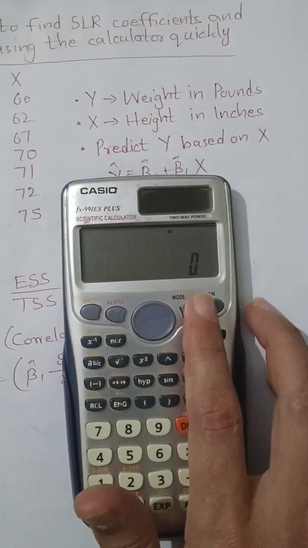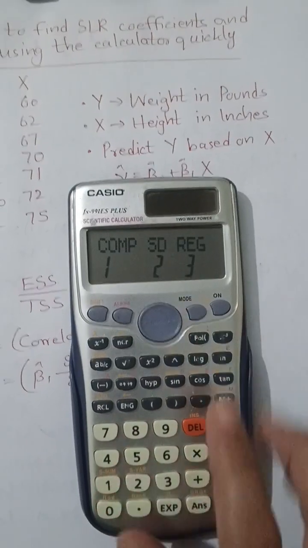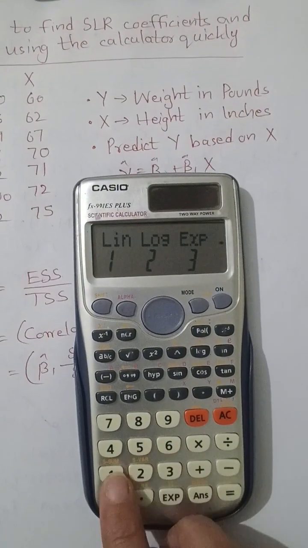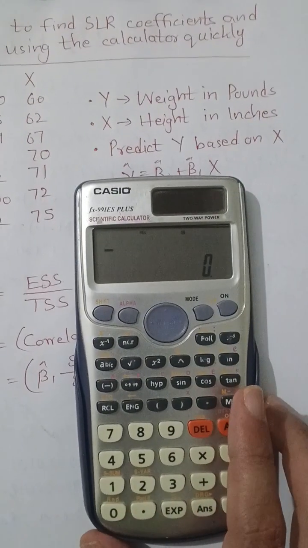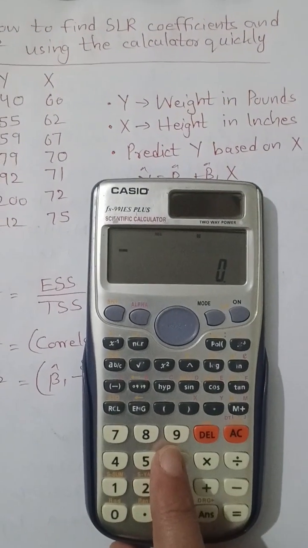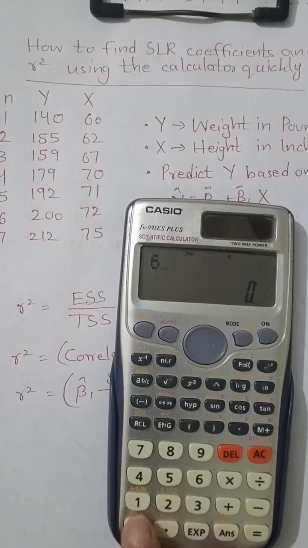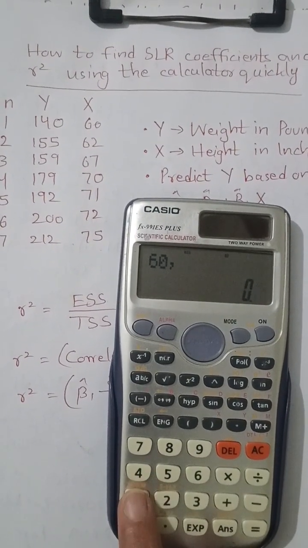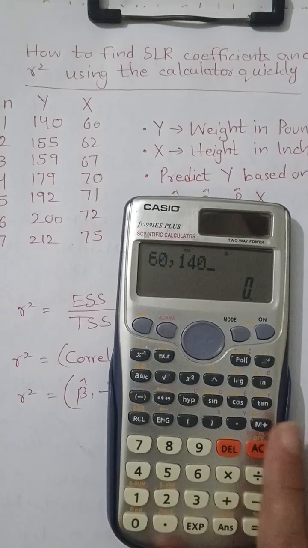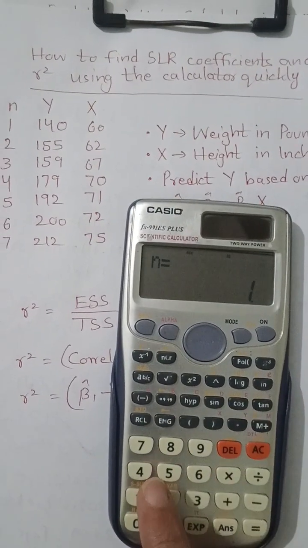First we need to go to mode, select 3 for regression and 1 for linear regression. Now I am in the linear regression mode. First enter the x value, which is 60, then press comma, then press the y value, which is 140, then press M plus to save it.